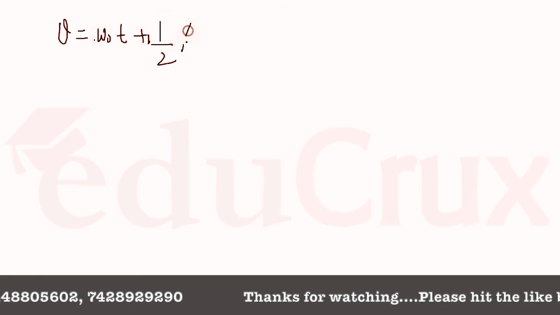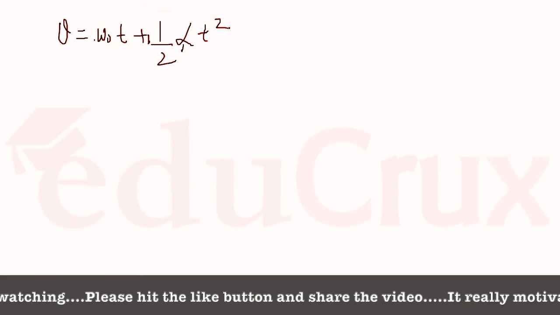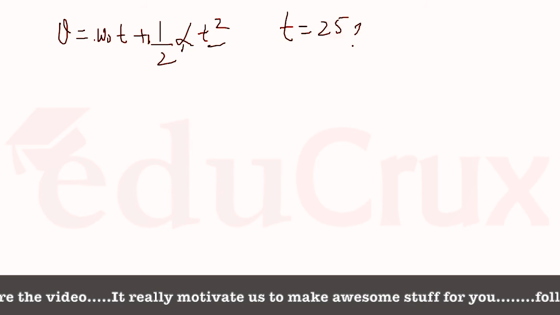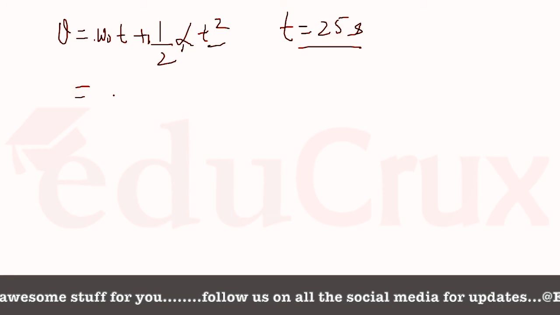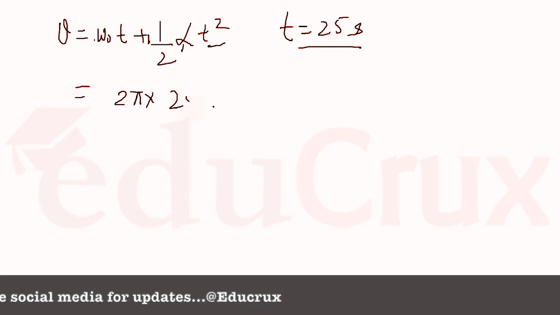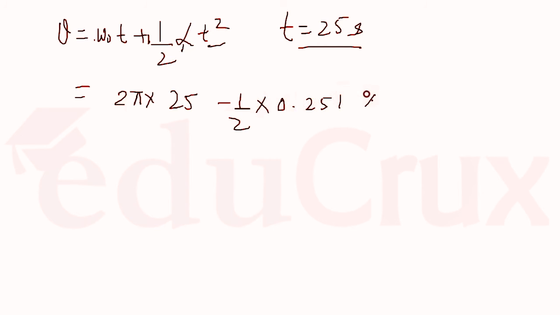Here our time is definitely 25, because it takes 25 seconds for the fan to completely stop. So we put 2 pi into 25 minus half, because alpha is negative, 0.251 into 25 square.